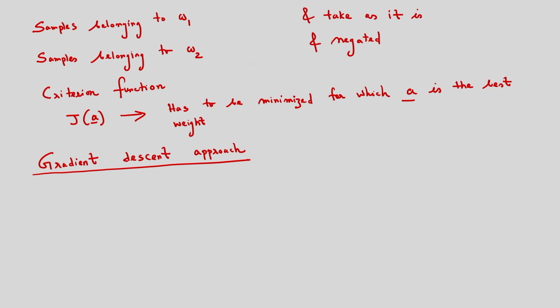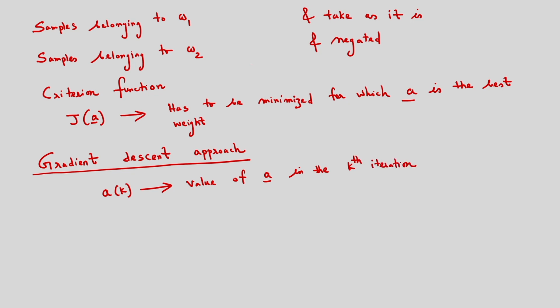So what is the gradient descent approach? Suppose A(k) is the value of A in the kth iteration.